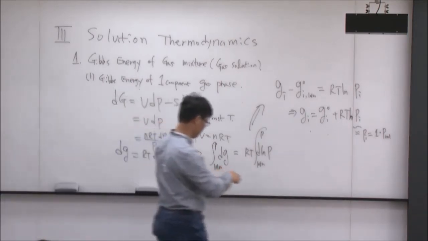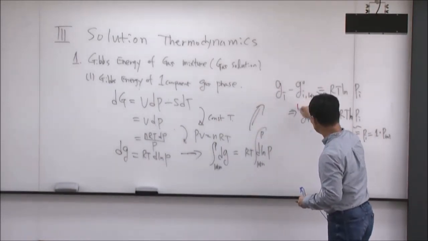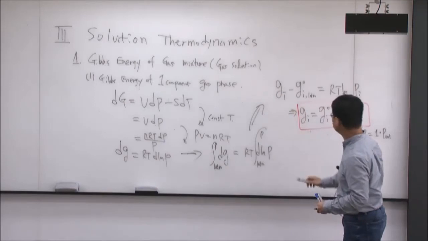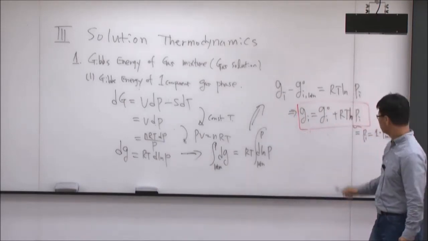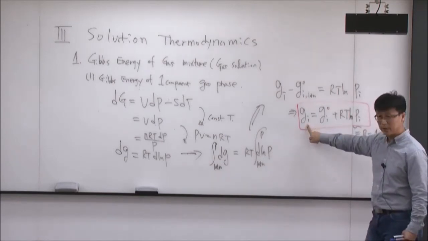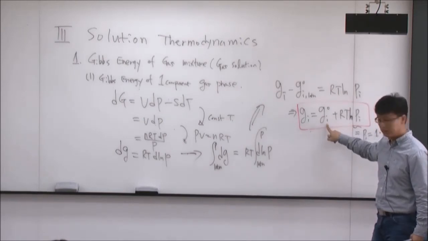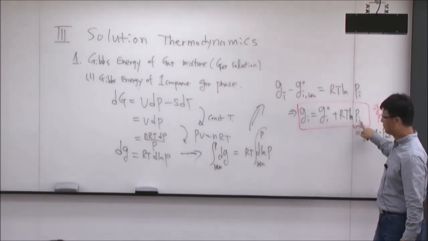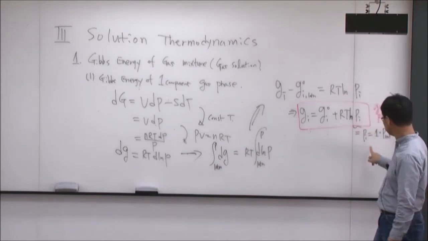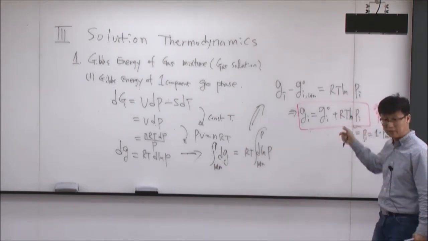Okay. So we have an equation now. For the gas phase, the Gibbs energy of I is the standard Gibbs energy of I plus RT ln of the partial pressure, in this case actually P total, but the pressure over the I phase.